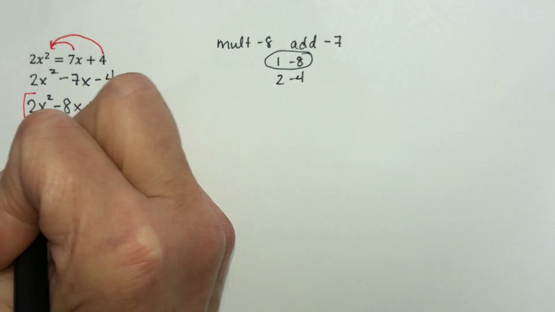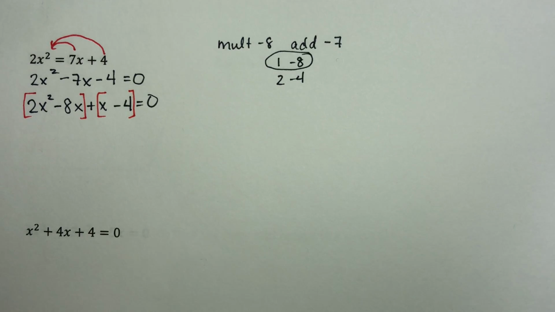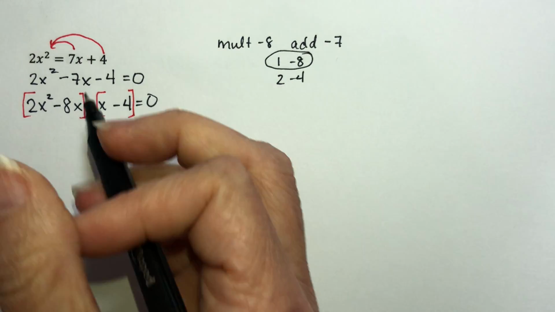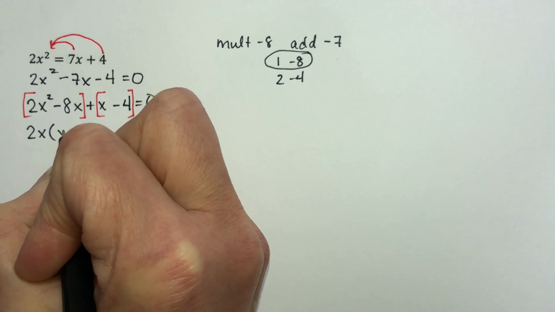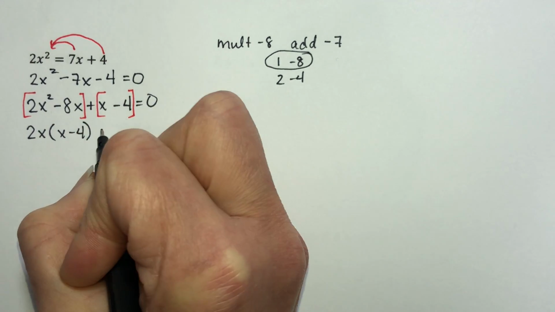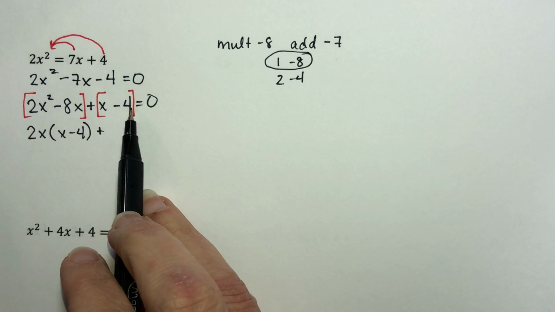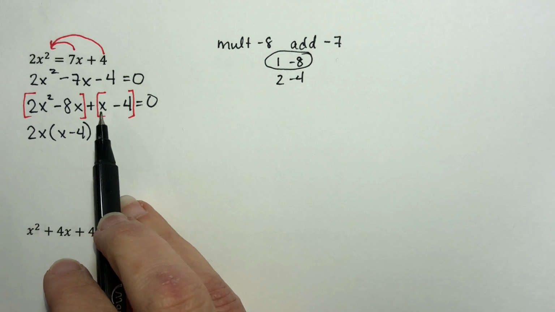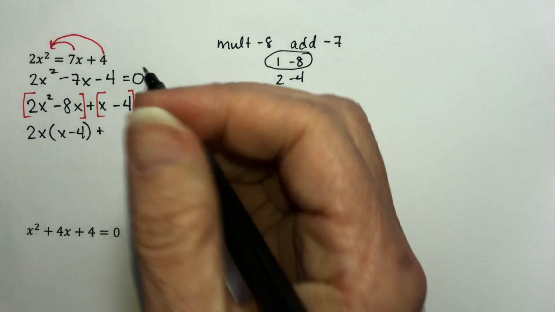So let's group these together. For my first group, I can factor out a 2 and an x, and that leaves x minus 4 plus. From this group, we can't really factor out anything, but when we're factoring by grouping, we have to factor out something, and you can factor out a 1.